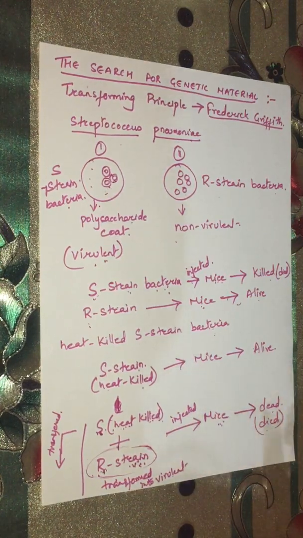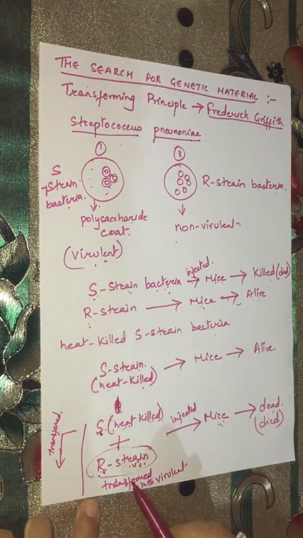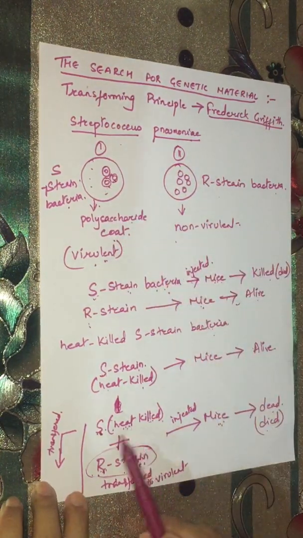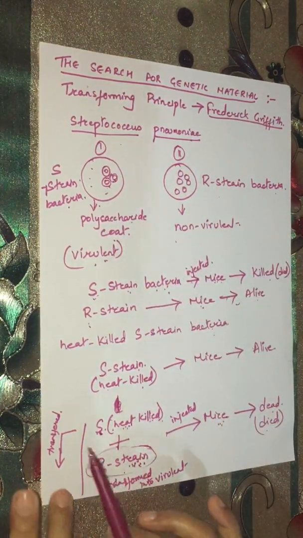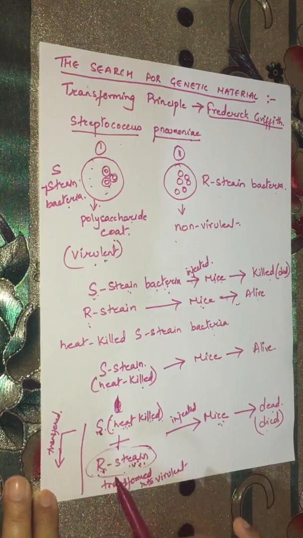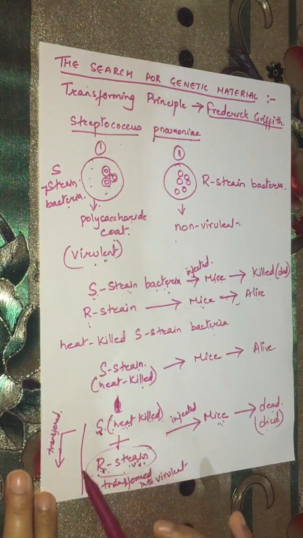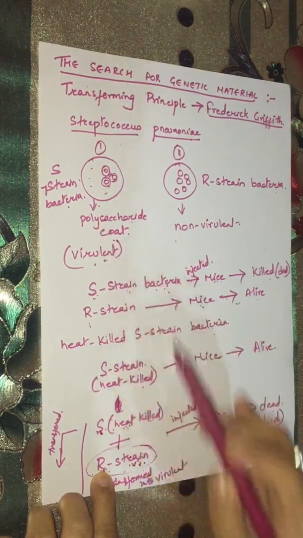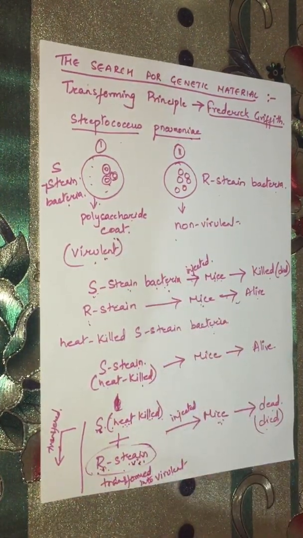He concluded that something transferred from the heat killed S strain had enabled the R strain to synthesize polysaccharide coat. Something which was the transforming principle that was transferred to R strain bacteria made this R strain bacteria synthesize this polysaccharide coat and turned into virulent form.